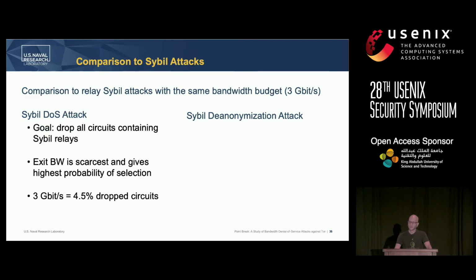So in the denial of service attack, the goal is to get your Sybil relays to appear in as many circuits as possible, and then whenever someone builds a circuit through those relays, you can just drop the circuit or arbitrarily degrade performance on it by slowing traffic down, et cetera. So the question for the attacker is, how can I get my relays to exist in the most circuits possible?